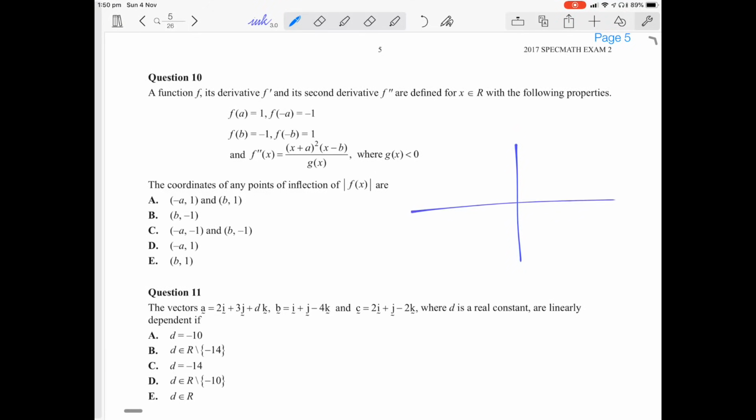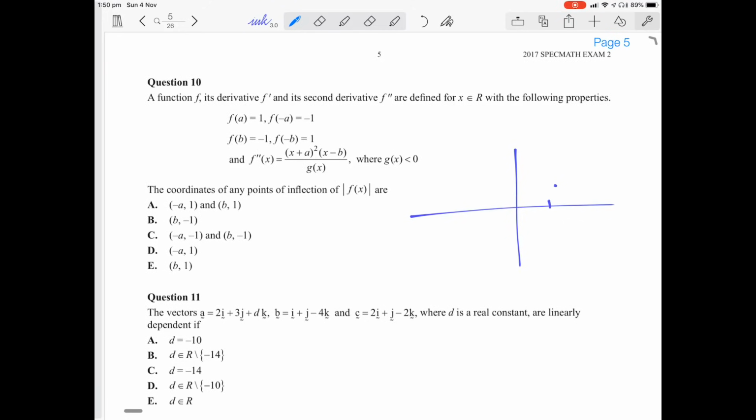A function, its derivative f dash and its second derivative f double dash. Okay, f of a equals 1. Do we know anything about a? F of negative a equals negative 1. Let's just assume a is 1, negative a is negative 1.